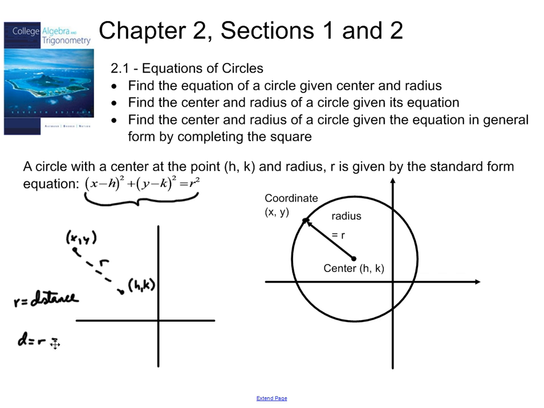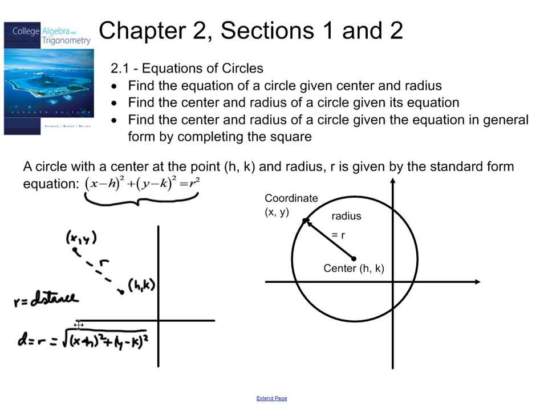It would be equal to the square root of the difference in the x values, so (x minus h) squared, right? So this x coordinate minus this x coordinate squared, plus (y minus k) squared, and that's our distance r.